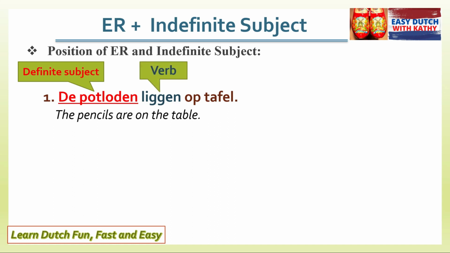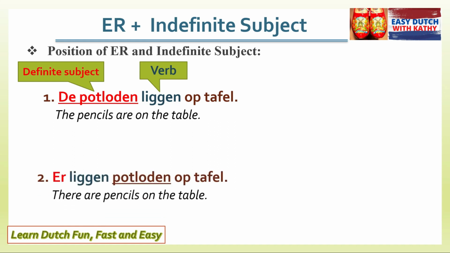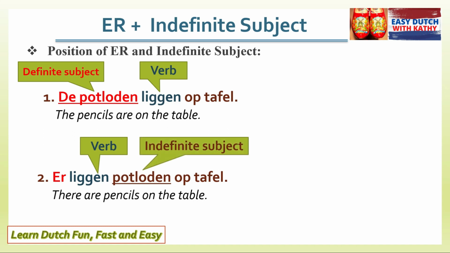Liggen is the verb in this sentence. Sentence number 2. Er liggen potloden op tafel. We also have liggen as a verb. And potloden turns into an indefinite subject.